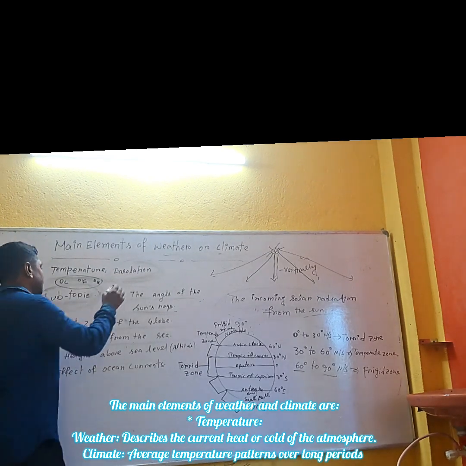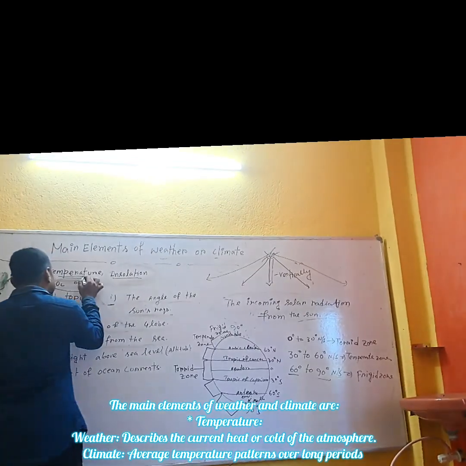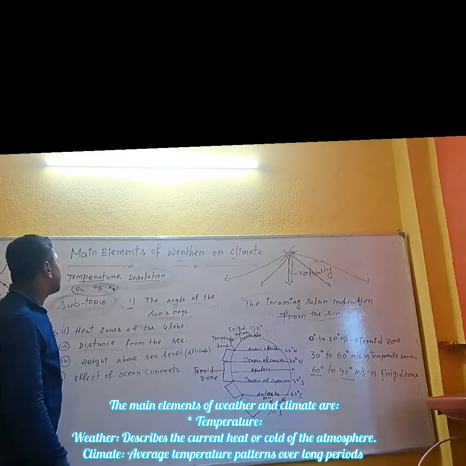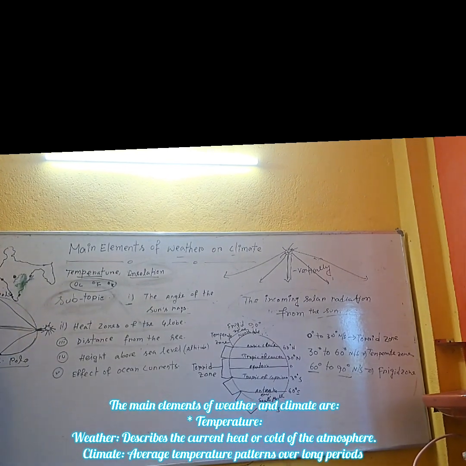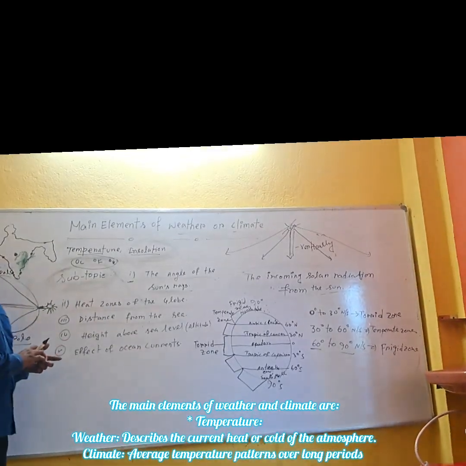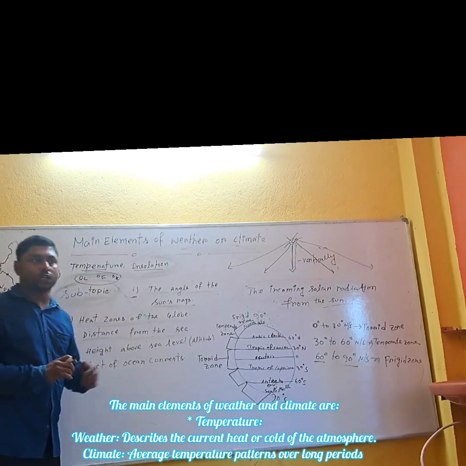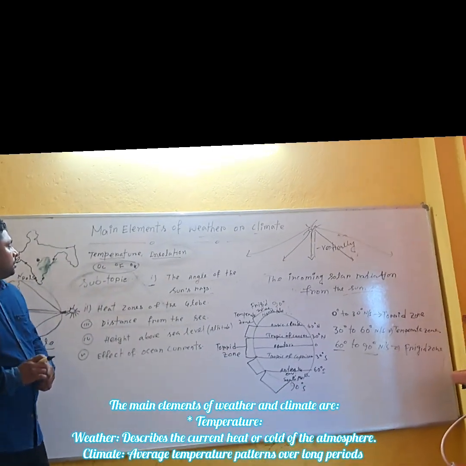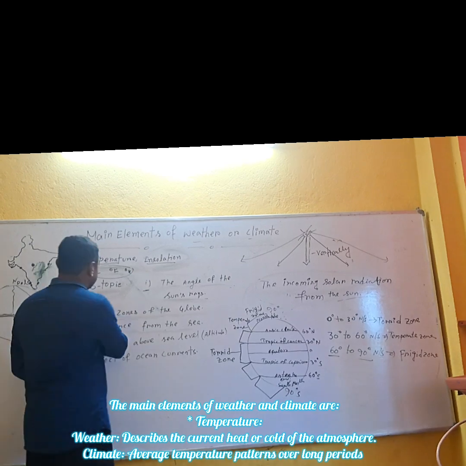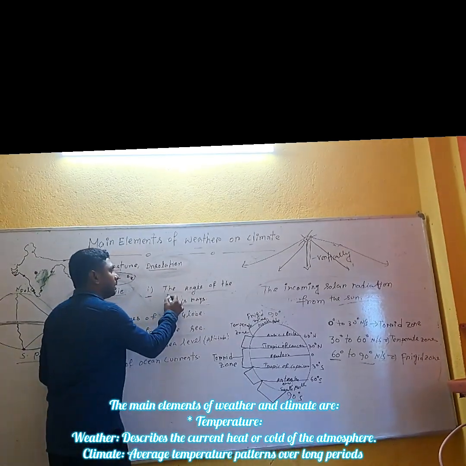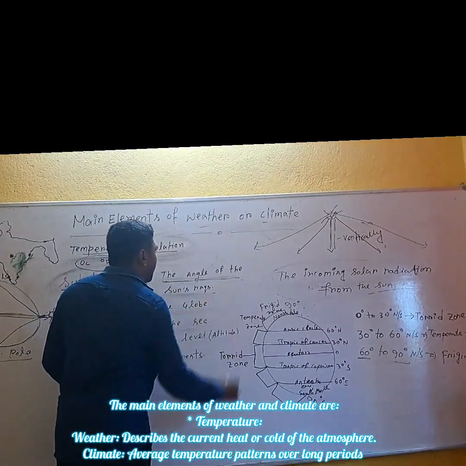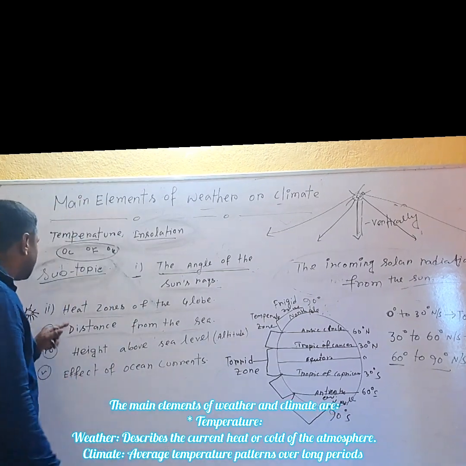So this insolation and temperature are affected or influenced by some factors. The following factors are: first, the angle of the sun rays.